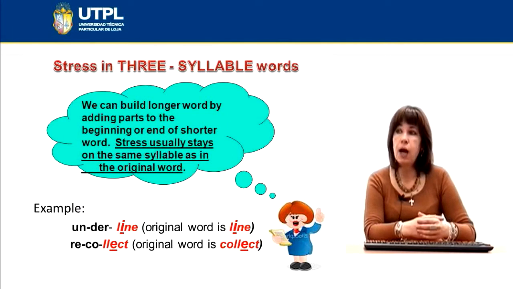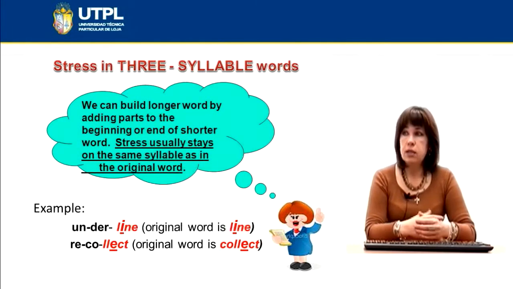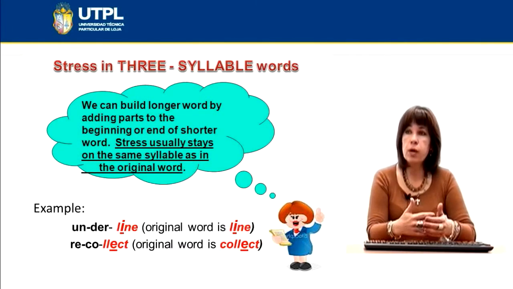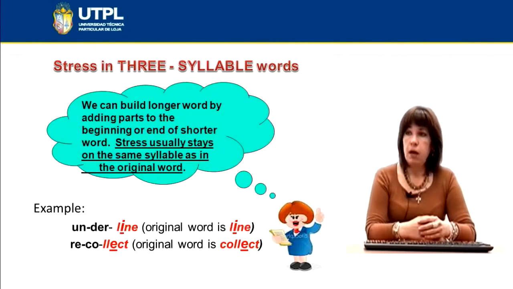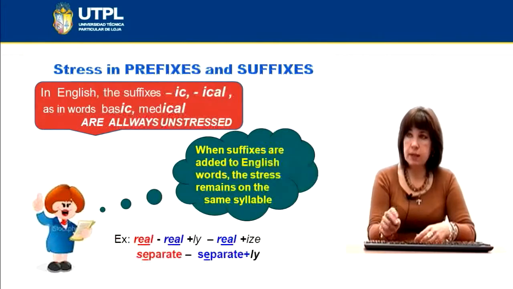The original word is line, with the I under the stress. So in the longer word underline, stress remains in the same position, the same vowel I is stressed. Next example, recollect. The original word is collect, so the same pronunciation is preserved in the word recollect.